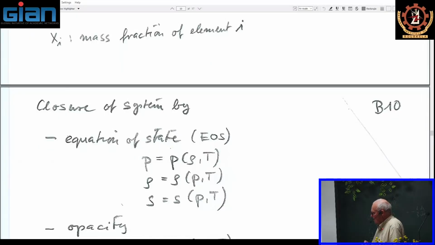Of course, this is the equation which closes the system, and then we have enough equations and enough variables to solve the system mathematically. Of course, some functions still have to be specified, and we will do that later on.